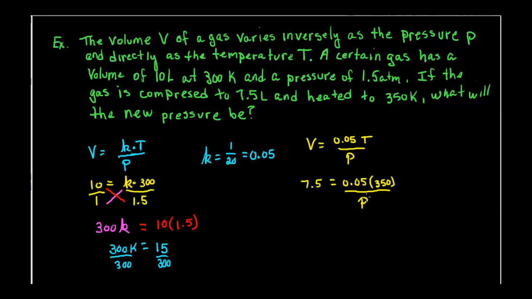So in this case we're looking for the pressure. Again, I'm going to take 7.5 over 1, and we're going to rely on cross products. So 7.5 times P is 7.5P. Then we're taking 1 times the product of 5/100ths and 350. 5/100ths times 350 is 17.5.